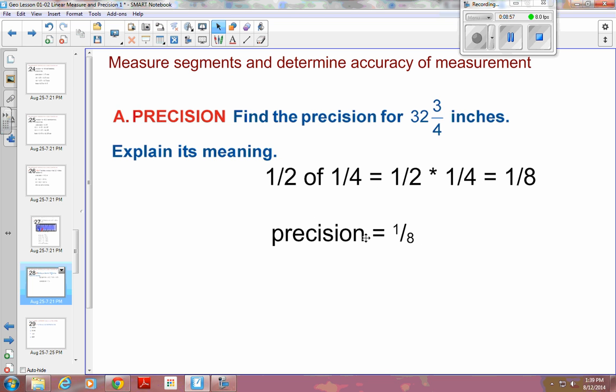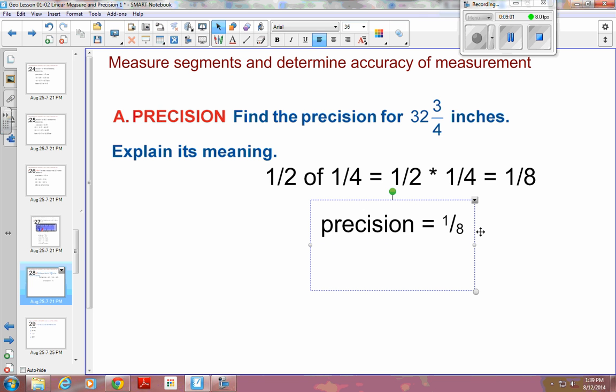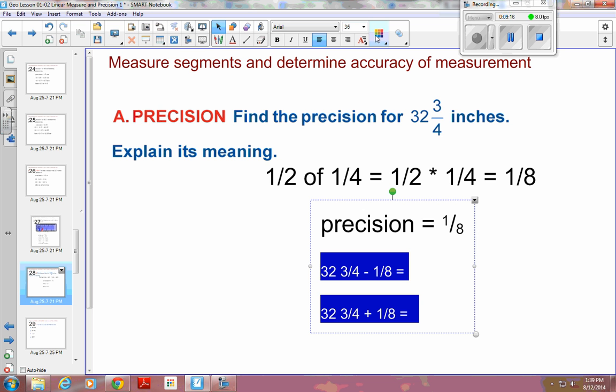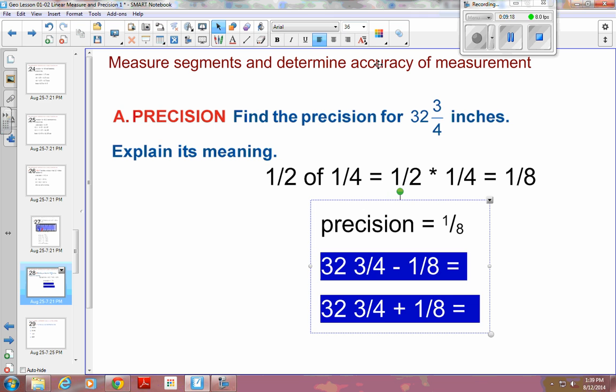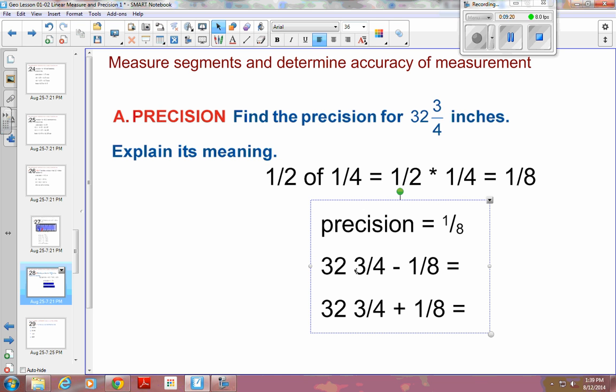So that's what I got out of that. Then what do I know? Well, I know I can take my 32 and 3/4 and subtract 1/8 from it. And I can take my 32 and 3/4 and I can add 1/8 to it. And that's how I'm going to get my answer.